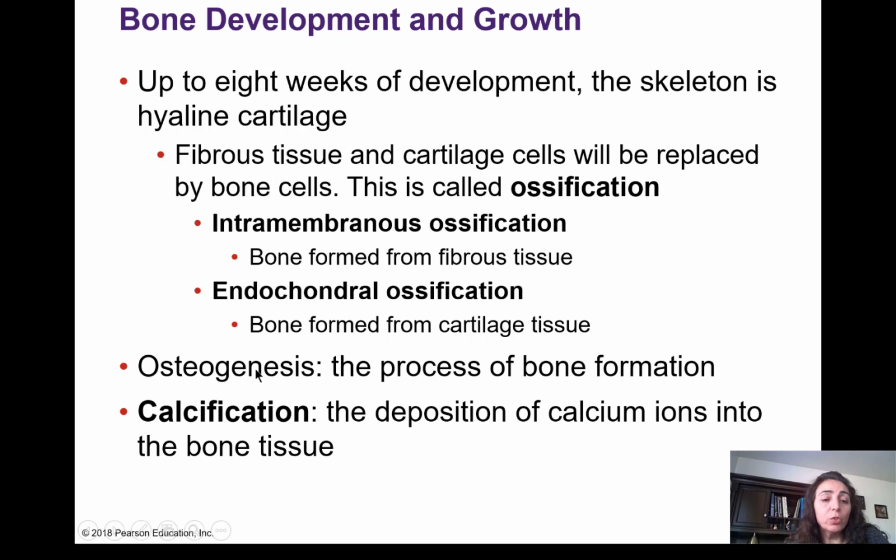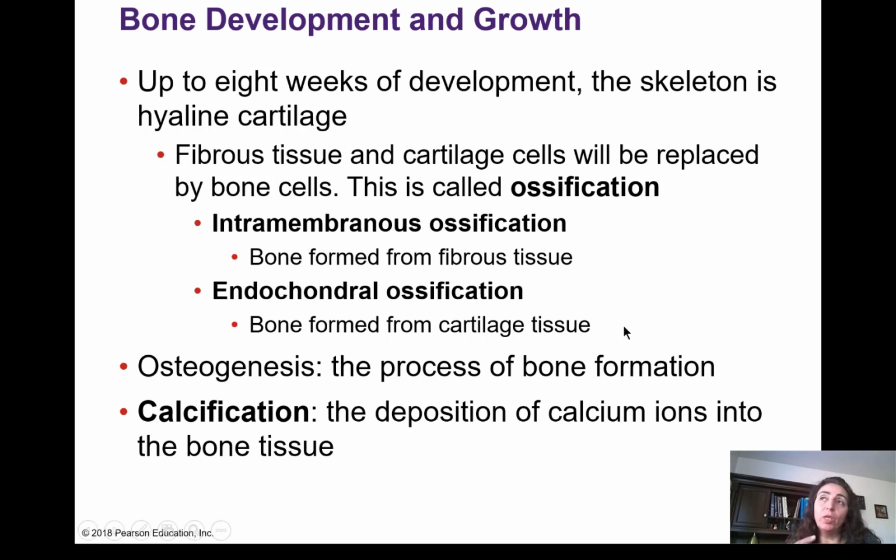Now, we have other terms. Osteogenesis is the process of bone formation. Pay attention, we had osteogenesis and osteolysis before, so you know these ones. Osteogenesis is the process of bone formation, when the bone is formed as a tissue.